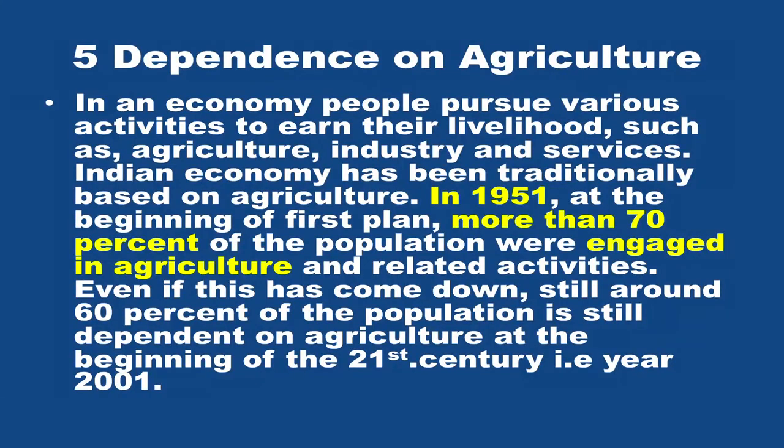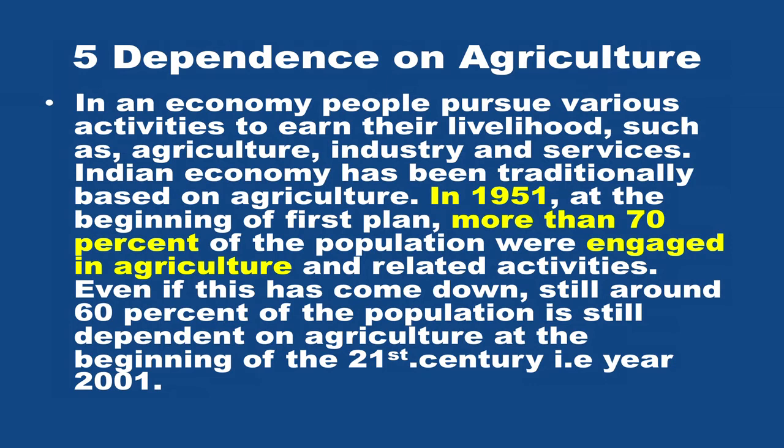The fifth important aspect of Indian economy after independence is the dependence on agriculture. In an economy, people pursue various activities to earn their livelihood, such as agriculture, industry, services, etc. Indian economy has been traditionally based on agriculture. Indian economy is known as an agrarian economy.